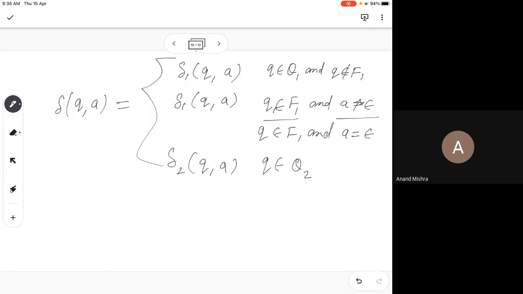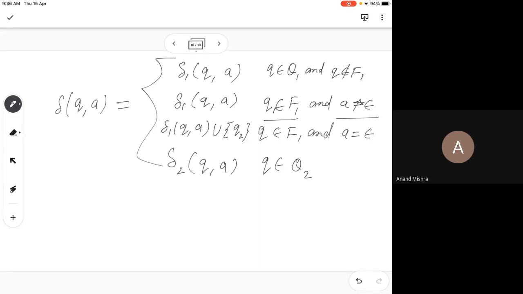It is not directly phi, but it is delta 1 of q, a, because you have a loop back. The last one is q belongs to F1 and a is null. It should go to delta 1 of q, a union q2.